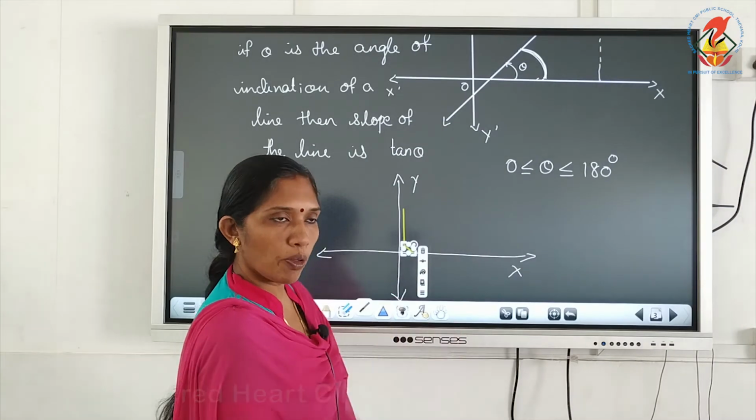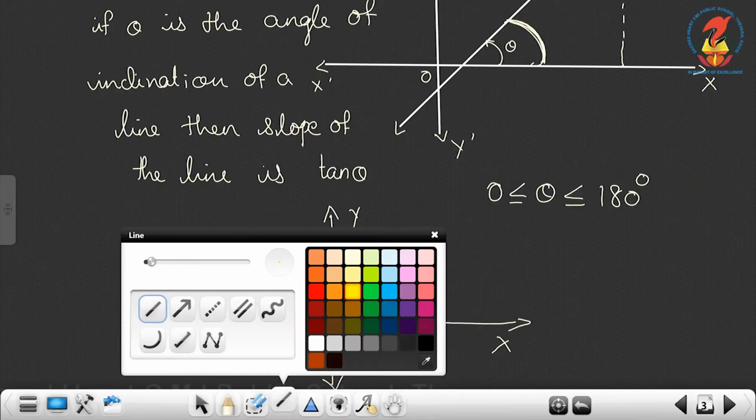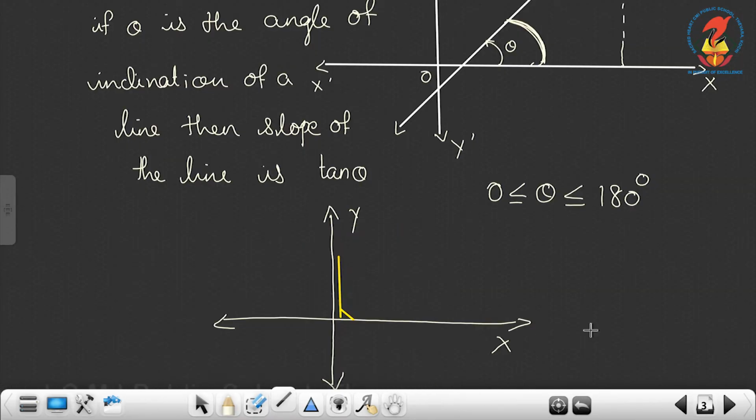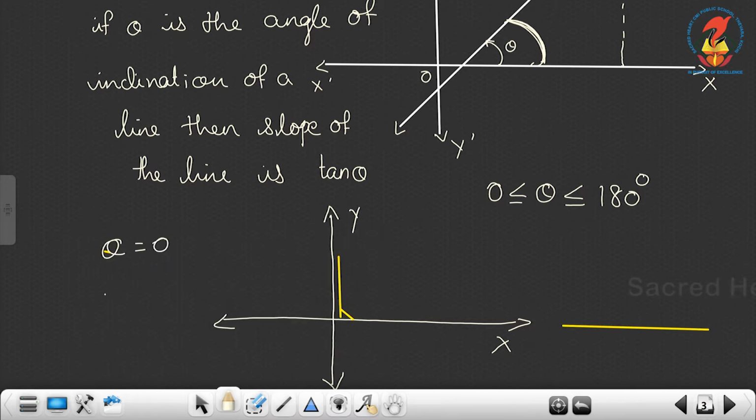Then what is the slope of those lines? So, for a line parallel to the x-axis, the slope is defined as tan theta. So, if theta is equal to 0, then tan 0, what is the value of tan 0?